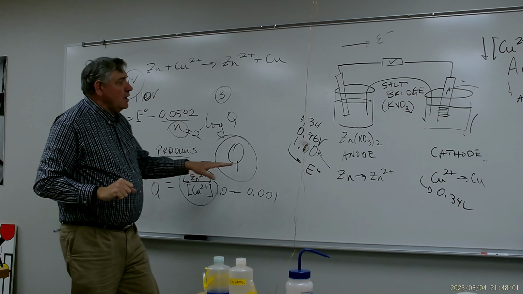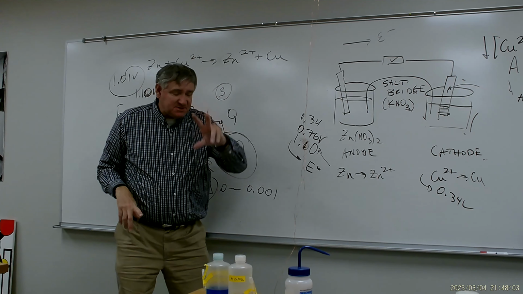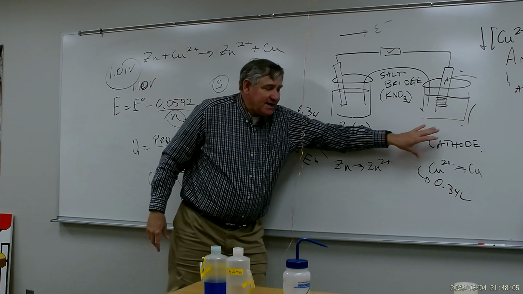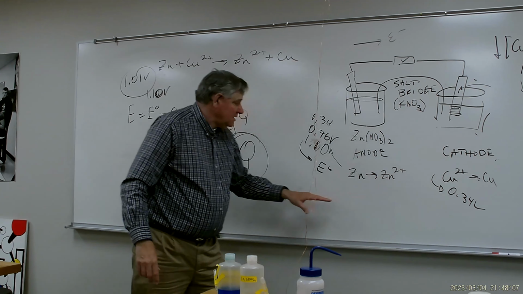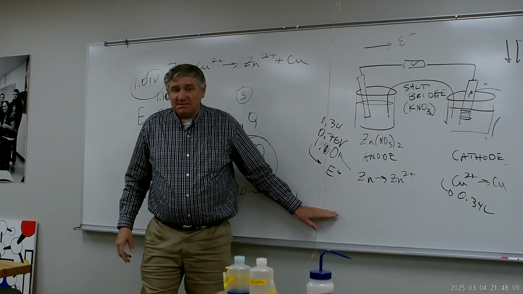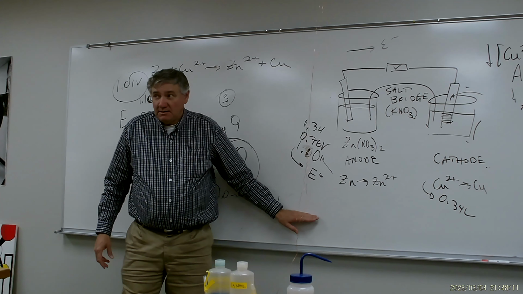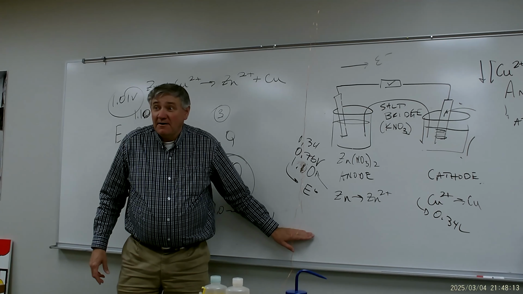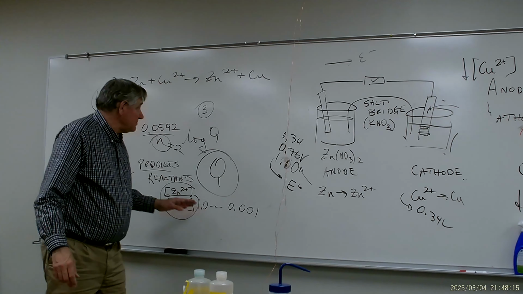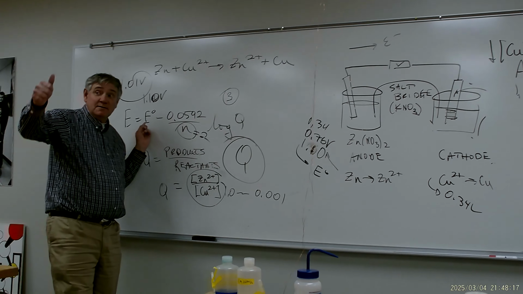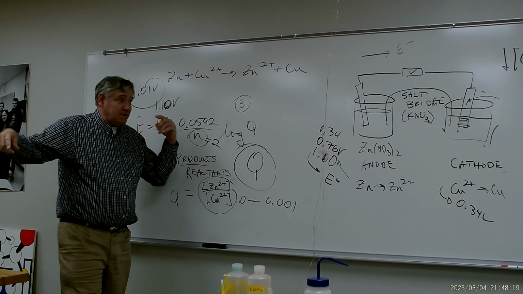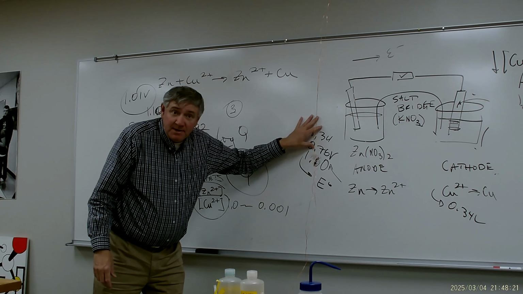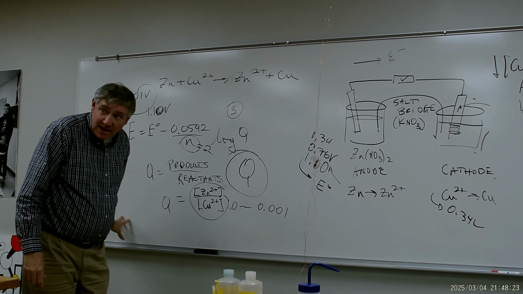E goes down. Now, what would happen if I reverse this? What if I kept a high concentration of copper ions, but I decreased the concentration of my zinc ions? You're going to divide by a bigger number, Q gets smaller, final answer. Q would get smaller. That would mean E would get bigger, so there's an inverse relationship. As Q goes up, E goes down.